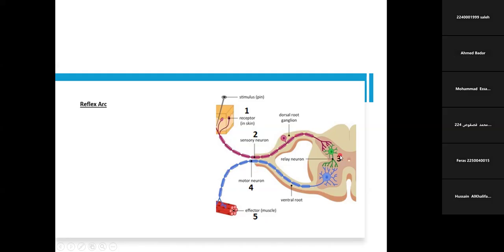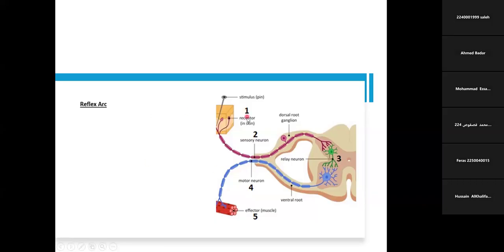Now, here at place number 3, we can have one synapse. If there is one synapse, this will be called a monosynaptic reflex. If we have more than one, like 2 synapses, it will be called a disynaptic reflex. If we have got multiple synapses over here in the spinal cord, this will be called a polysynaptic reflex. And we will discuss these 3, inshallah, in a short while.